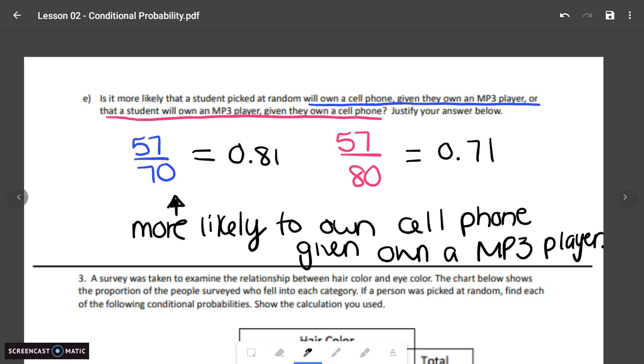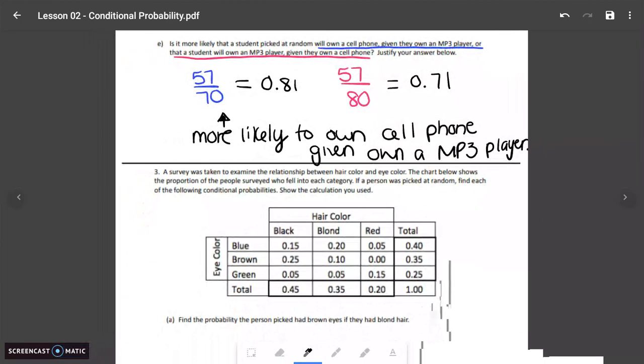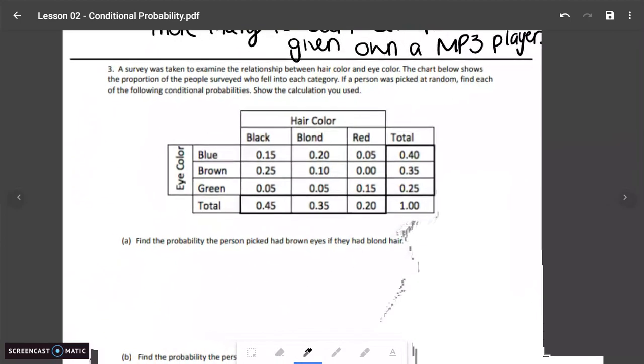Okay, and that should make sense because the intersection is the same for both, and you're out of a smaller total number, so it's going to make a bigger probability. And let's just kind of follow up with that in number 3.